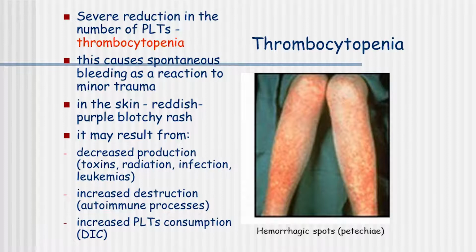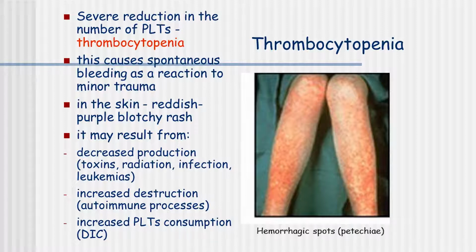Now, one of the conditions where there are very few platelets is thrombocytopenia. And this causes spontaneous bleeding as a reaction to minor trauma. In the skin, you have a reddish, purple, blotchy rash.